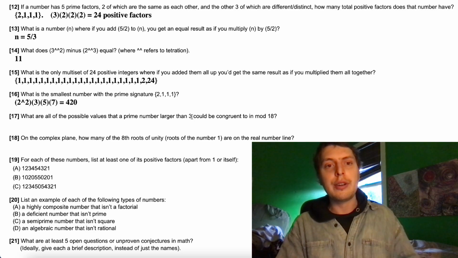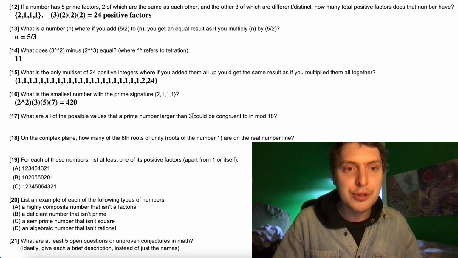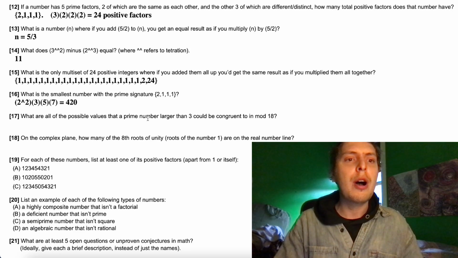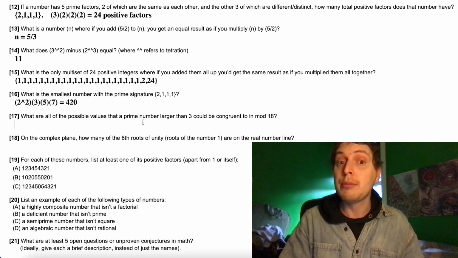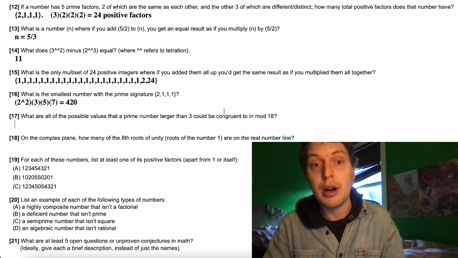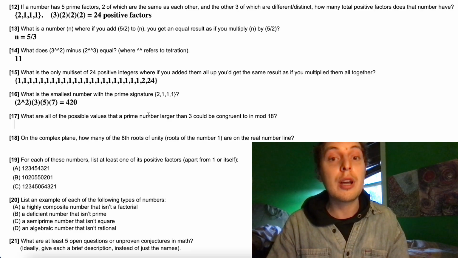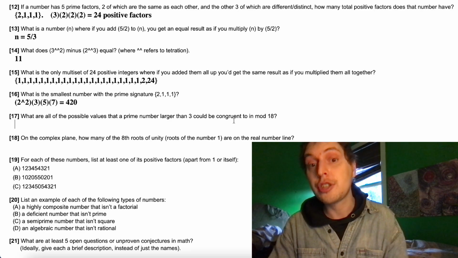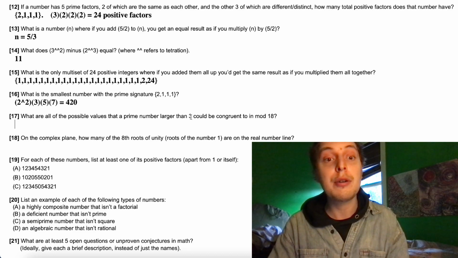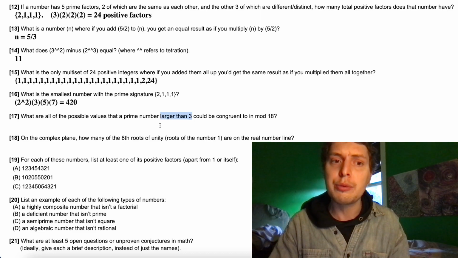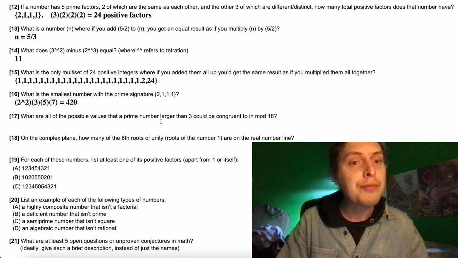Now, as I showed in an episode about spiky shapes, we can know the possible values that prime numbers can be congruent to in a mod if the prime number is larger than the mod number, although in this case I did just say larger than 3. We'll see that that still works.